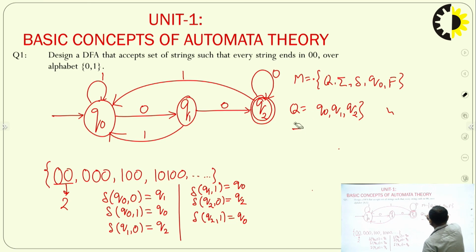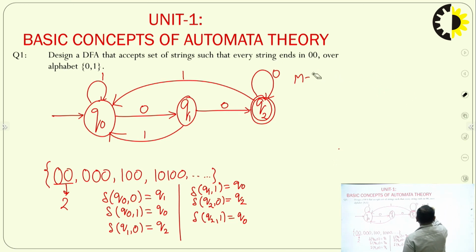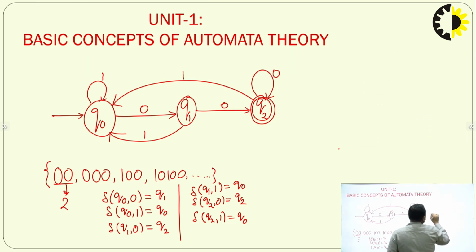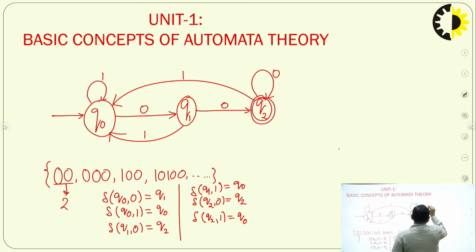So first I will erase, then I will show you how we will design the transition table for the given language. Here we have the state and we have the input symbol.